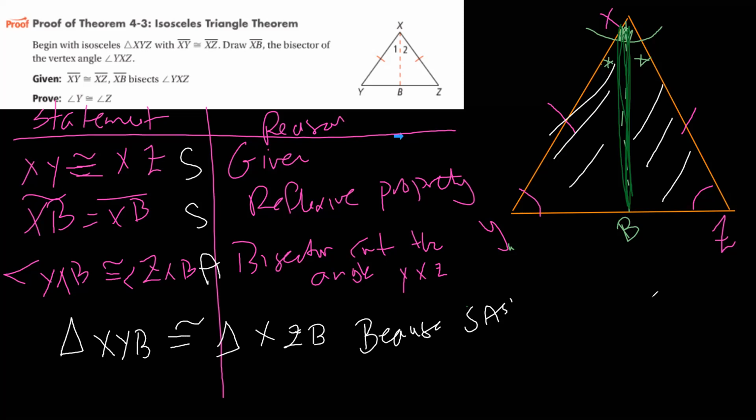Then after that, in the previous lesson, if we have two congruent triangles, can I say that any pair of corresponding elements are congruent? Yes, teacher. So because of that, can I conclude now that angle Y is congruent to angle Z? Yes, miss.